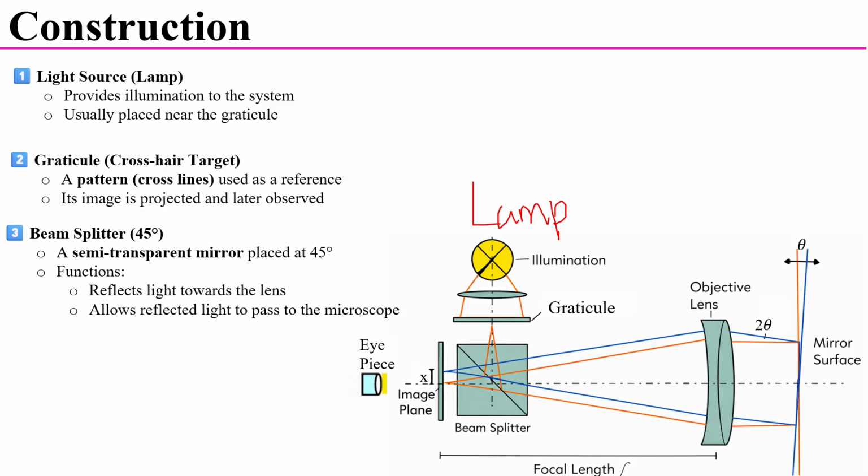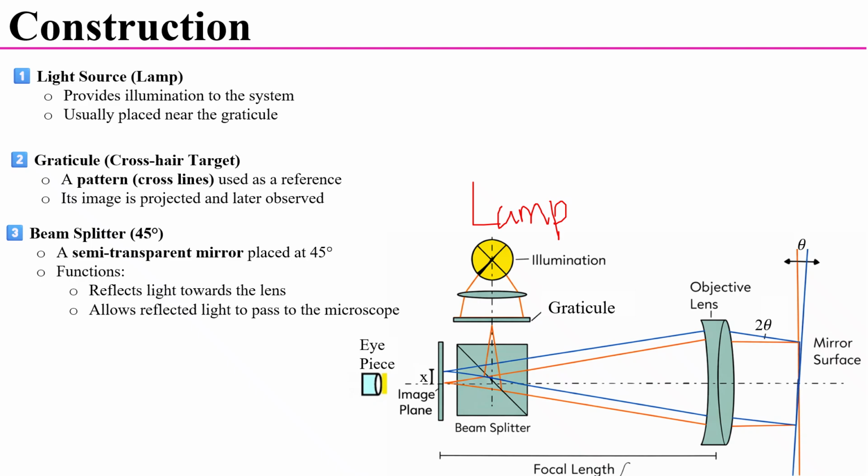The next one is the beam splitter. It is a semi-transparent mirror which is placed at 45 degrees. This beam splitter has two functions.